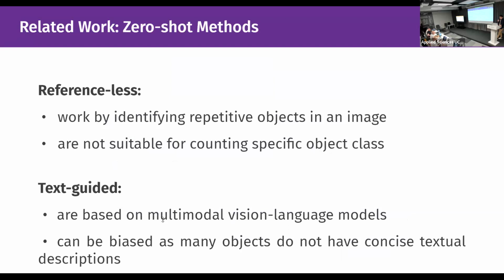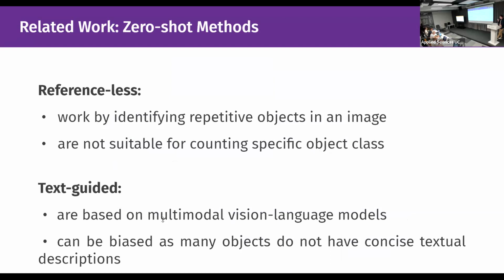Referenceless methods were a first step towards zero-shot methods. However, they generally focus on the predominant object category in an image, so they are limited in that we cannot explicitly specify the object class we want to count.